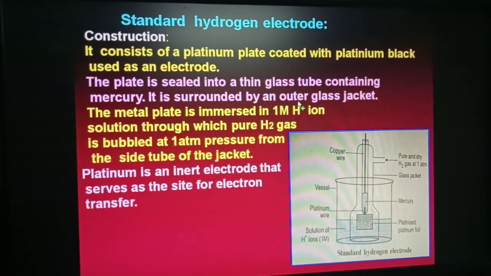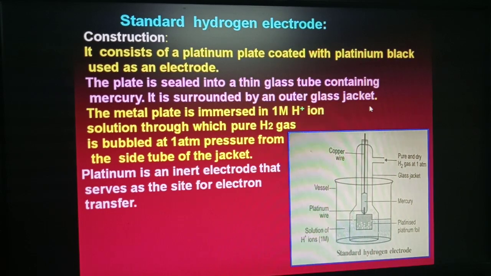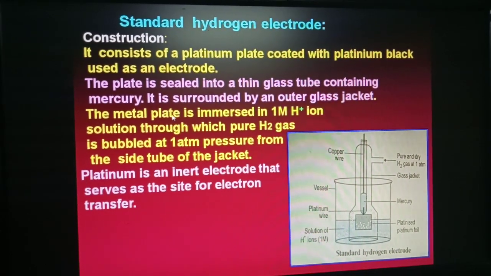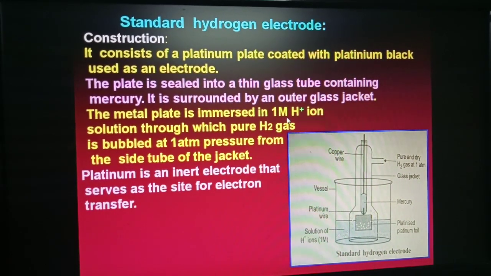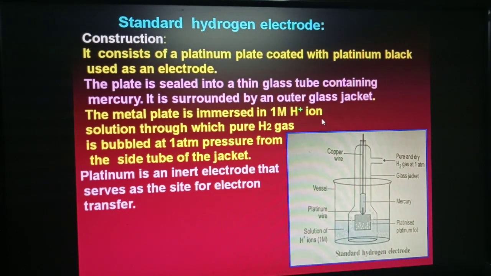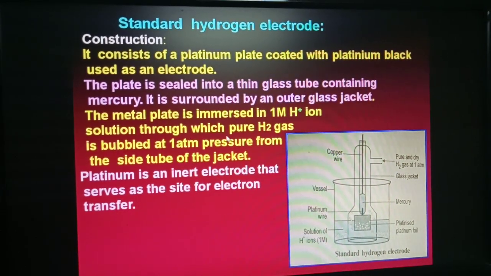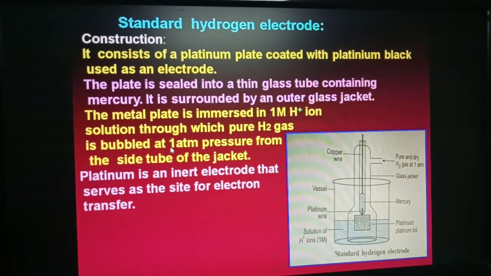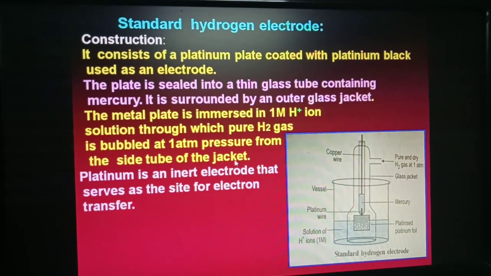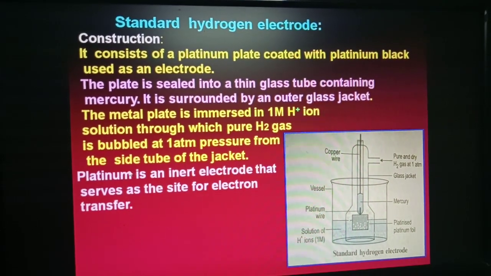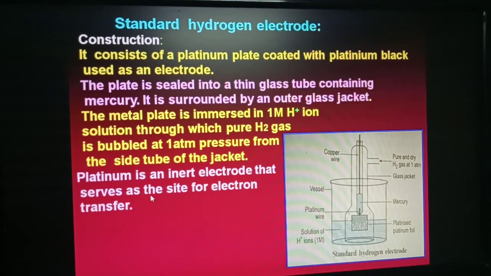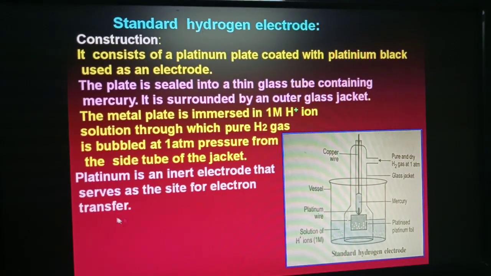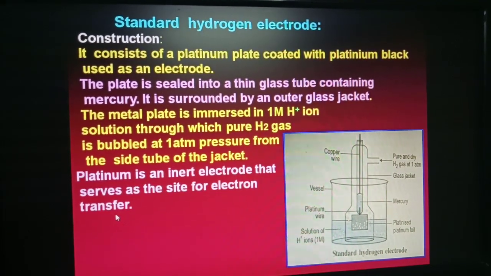It is surrounded by an outer glass jacket. The metal plate is immersed in 1 molar H+ ion solution through which pure hydrogen gas is bubbled at 1 atmospheric pressure from the side tube of the jacket. Platinum is an inert electrode that serves as the site for electron transfer.